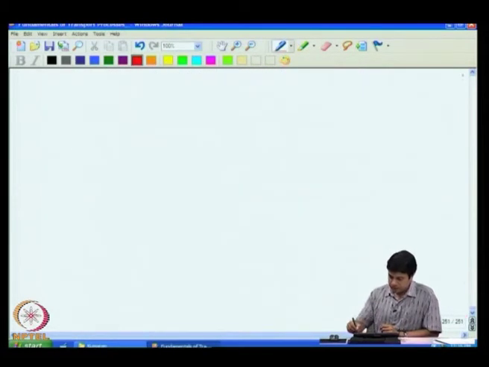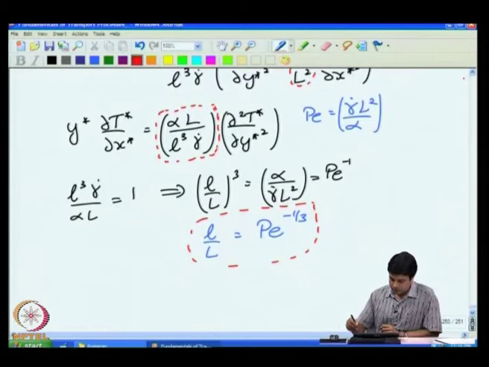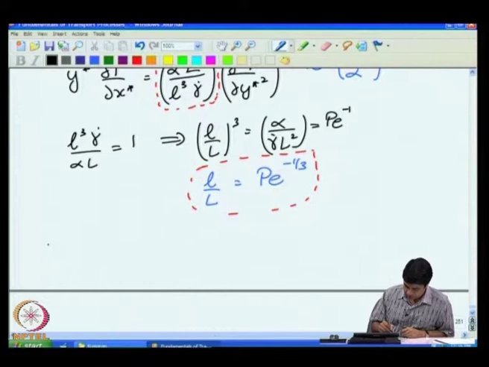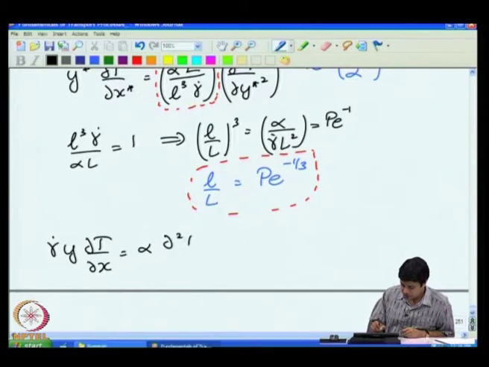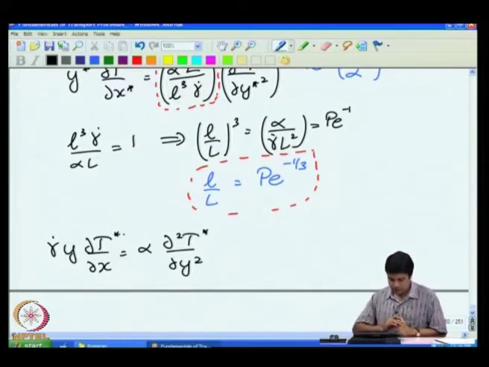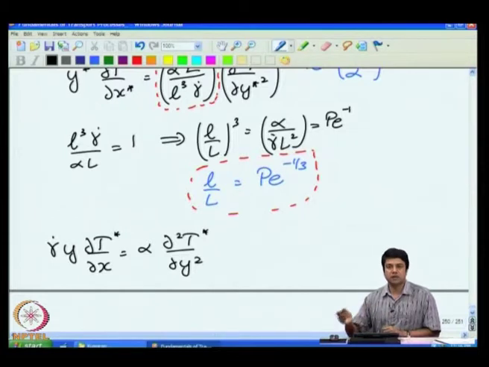Therefore, for this particular problem, the convection diffusion equation reduces to gamma dot y dT by dx is equal to alpha d square T by dy square. You can write it in terms of the scaled coordinates. For this particular problem, this is the equation. We can neglect the streamwise diffusion in comparison to the cross stream diffusion.